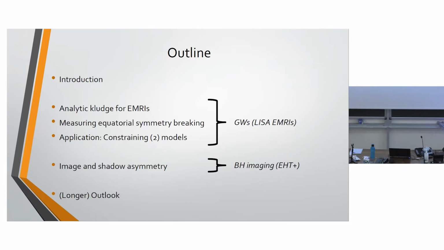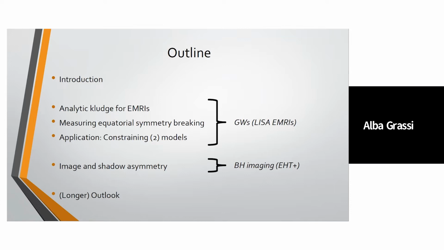The first is the context of gravitational waves, and in particular EMRIs. The second context will be imaging. This goes a little beyond what we expect at this workshop, which is mainly gravitational waves, but I think it's nevertheless interesting to get an idea of what these things look like also.